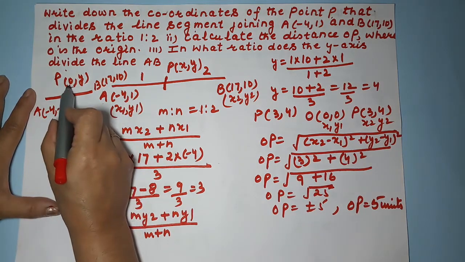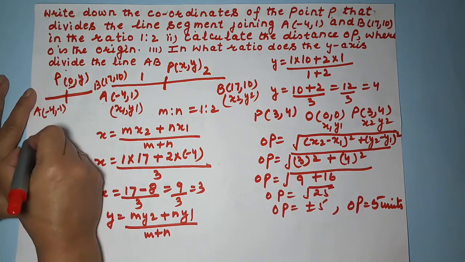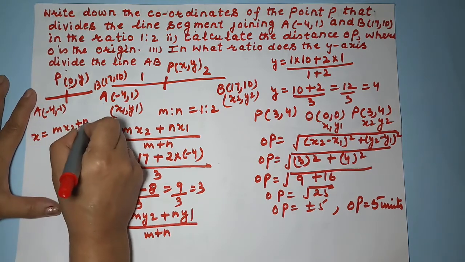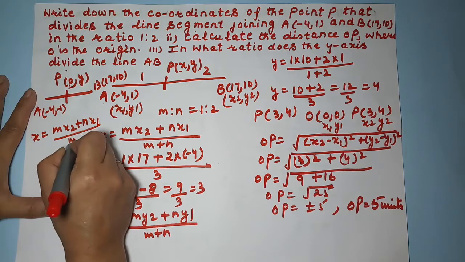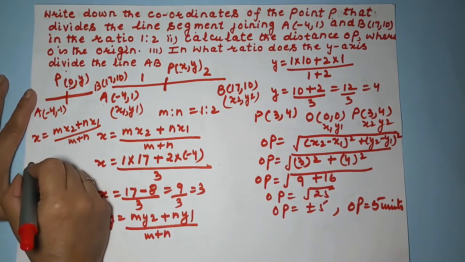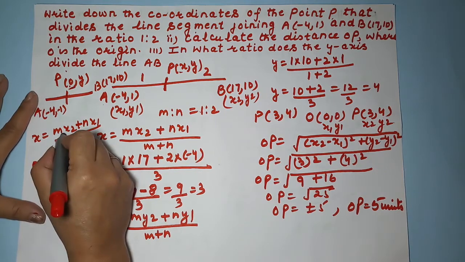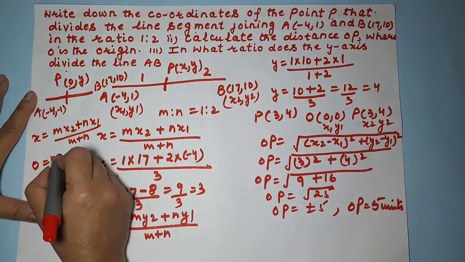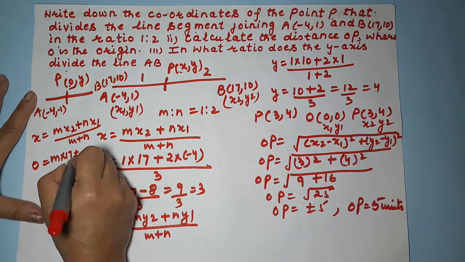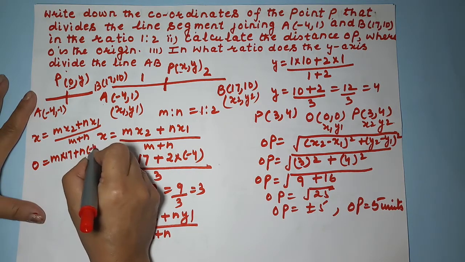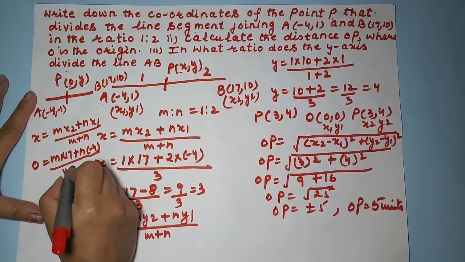Now here which coordinate will we take? Obviously x coordinate. X is equal to mx2 plus nx1 upon m plus n. Now this is 0 equal to, what is my m? I don't know. What is my x2? 17 is my x2, plus n. I don't know that. What is my x1? Minus 4, divided by m plus n.